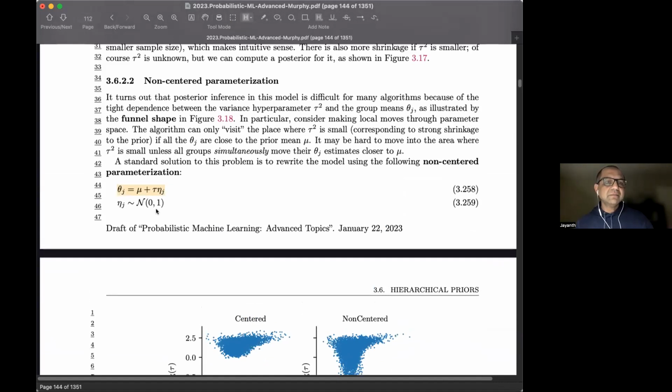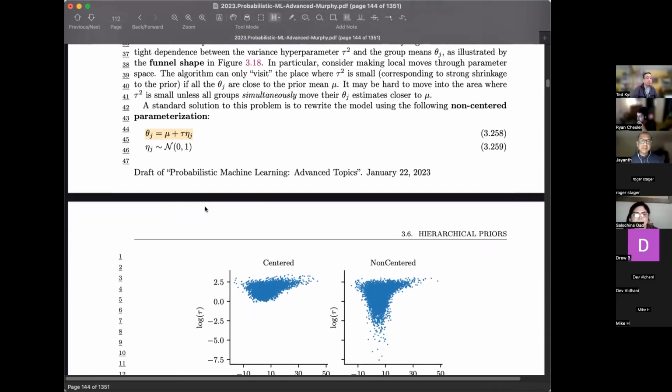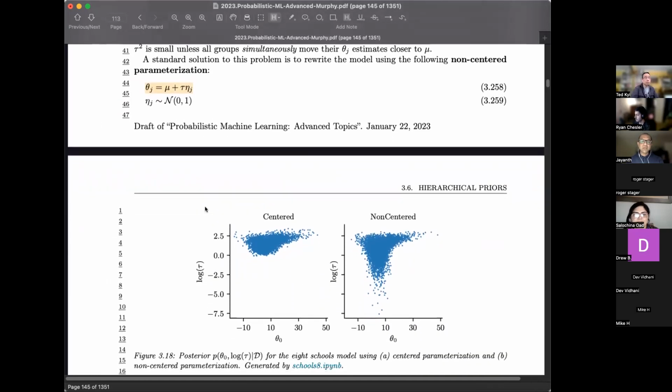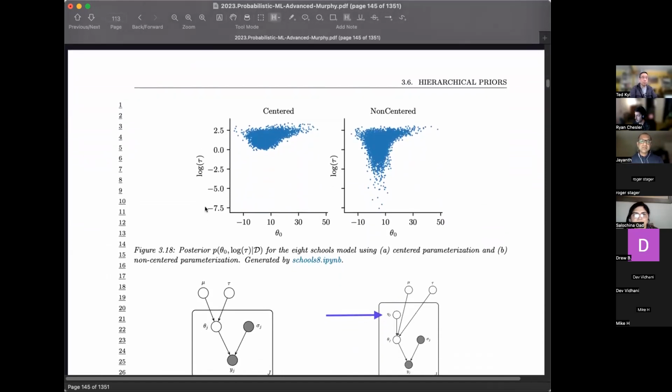The non-centering is that the theta j now is a combination of the mu and the tau, and then there is a noise type of component that is also drawn from a normal distribution. So this is another level of complexity in the modeling. But as Ted said, once you put all this in, what flows out of it is what we saw before.